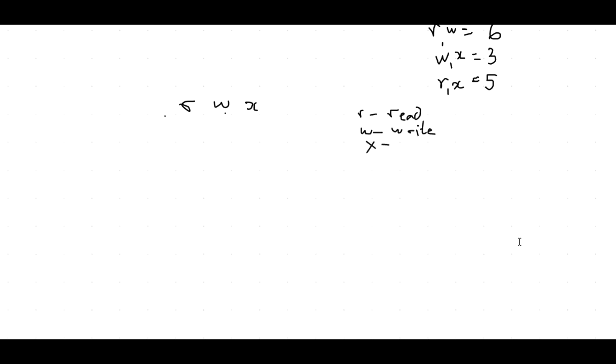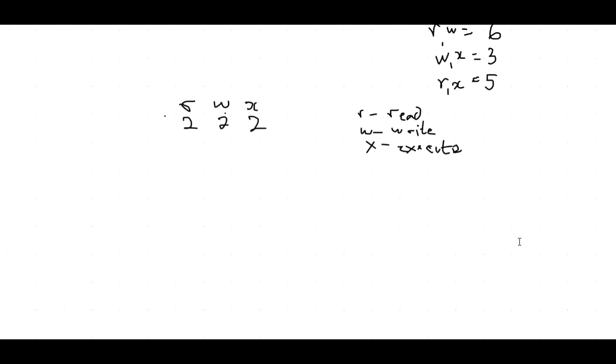This is execute. Right, so this is how we derive the number. Simple binary. I just want to show you how the number is derived.